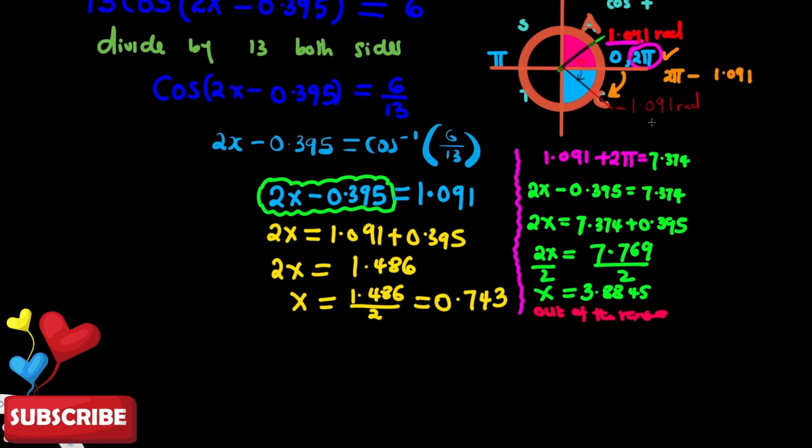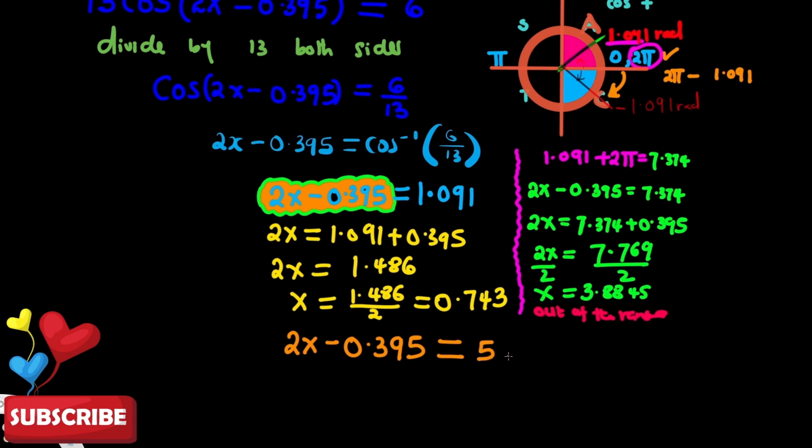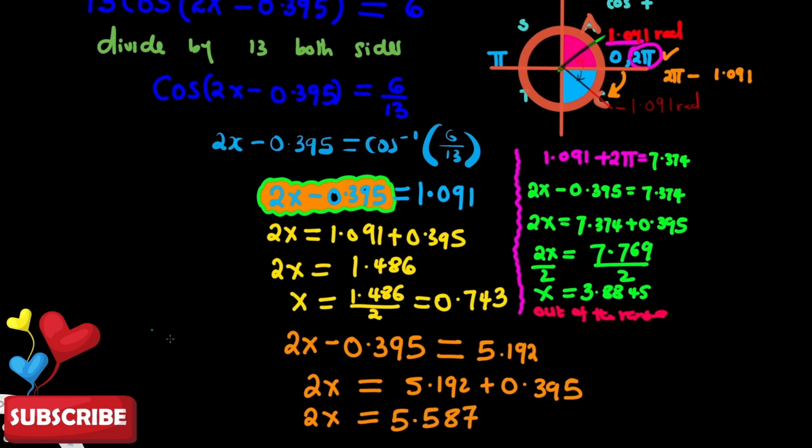So an angle measured in the clockwise direction is negative, so we can have that as, if you subtract, we're going to have 5.192, so which means that we can add 0.395 both sides and then divide by 2 both sides, which can enable us work out the value of x, and the second value of x is going to be 2.794 radians.